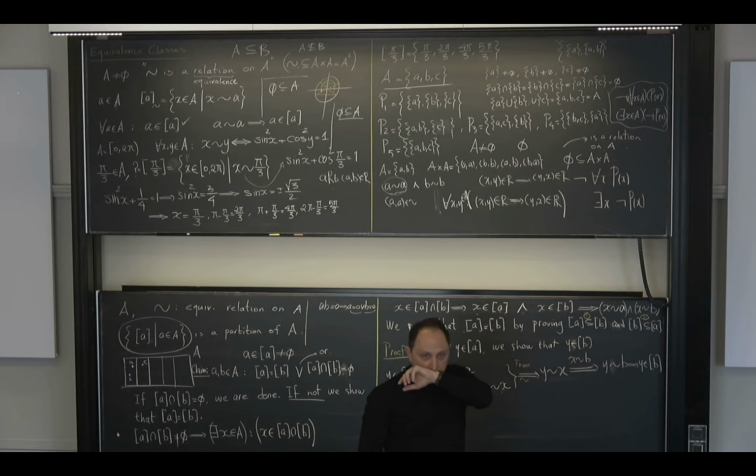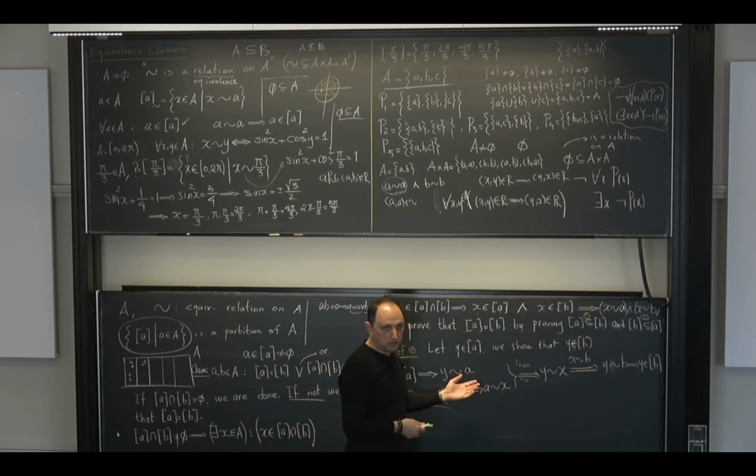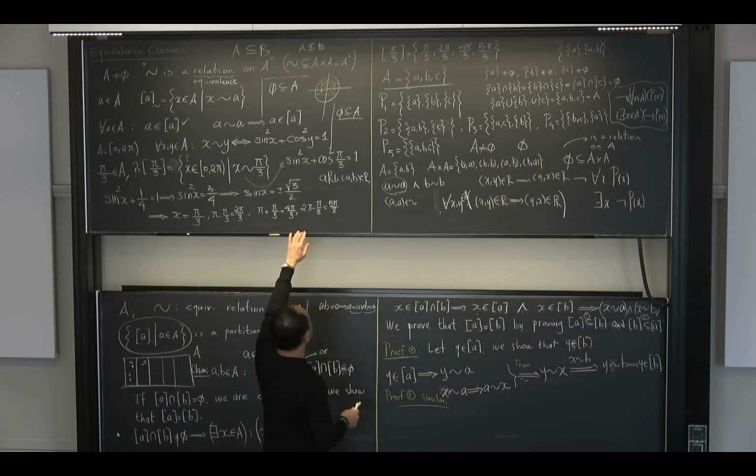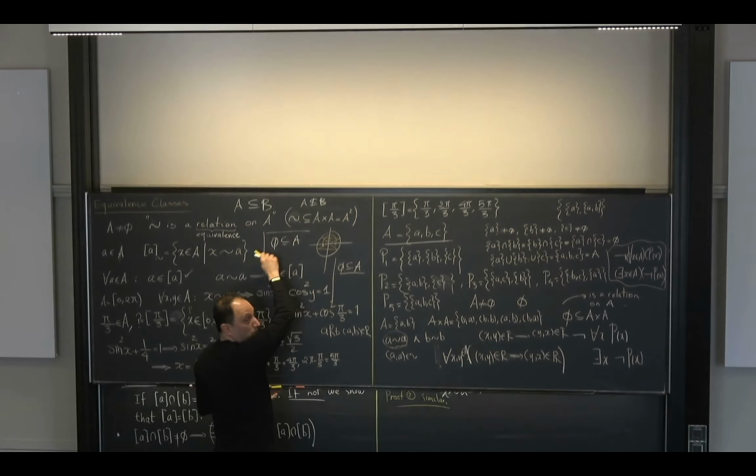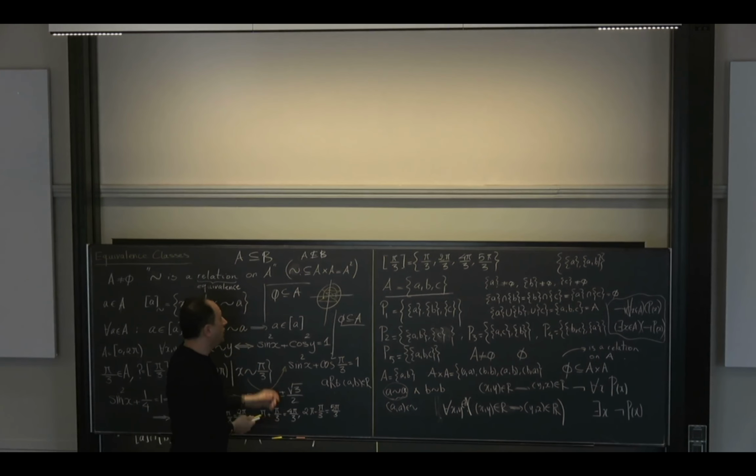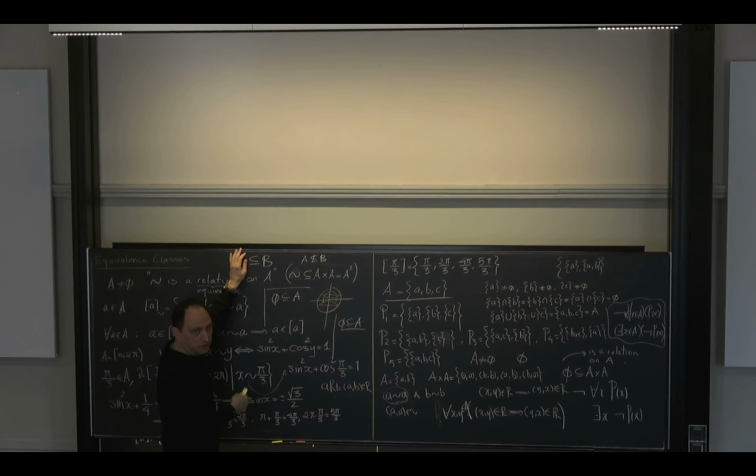Yes, but how did proof 1 show that the classes were subsets of their class? Okay. So what is the meaning of being a subset? If I want to show that a set is a subset of the other one, this is the standard trick. I pick an arbitrary element from the left-hand side.